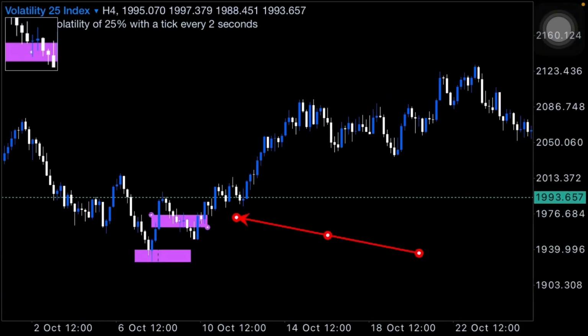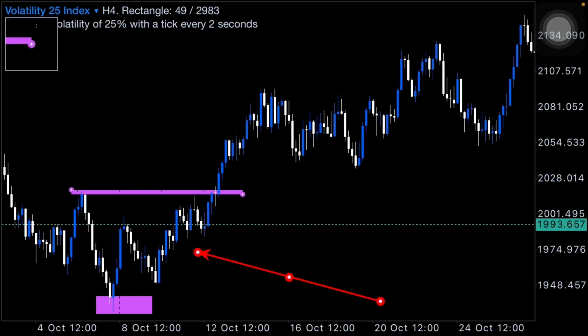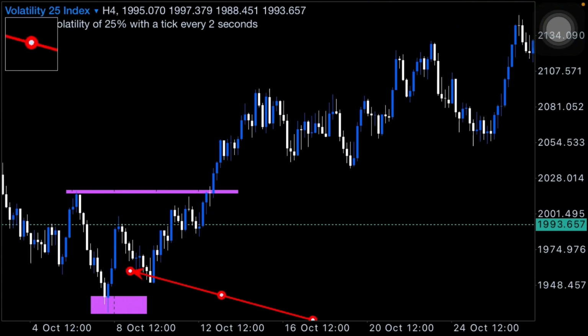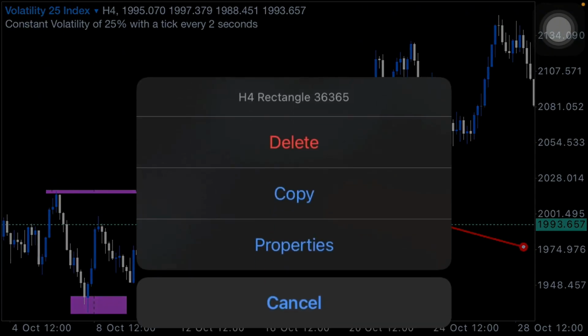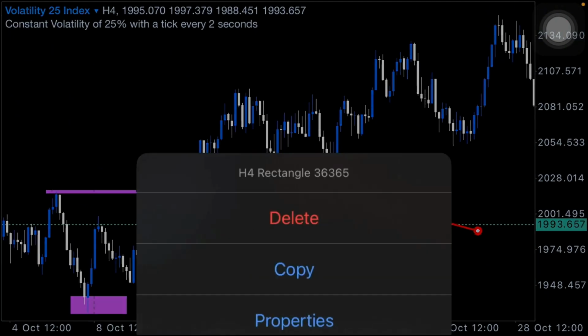So the market forms a swing low here. Okay, then breaks the previous high right here, making this place a low, a lower low, and breaks this one, forming a lower high right here.